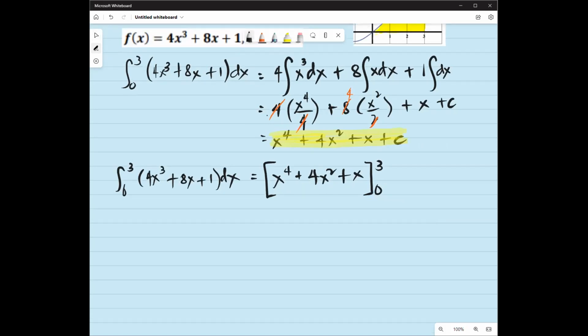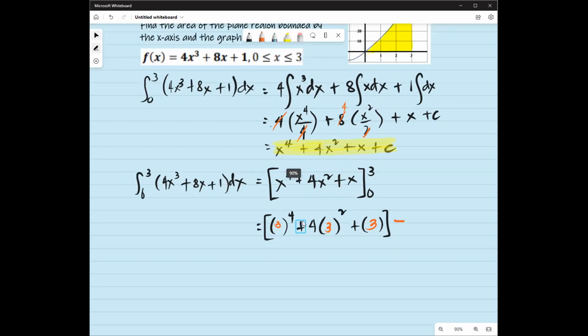So let's start with 3. This will become 3 raised to 4 plus 4 times 3 squared plus 3. I'll write it here so that we're clear.